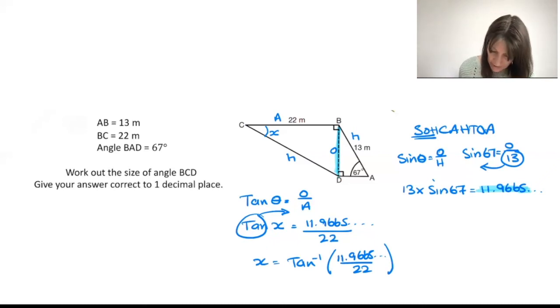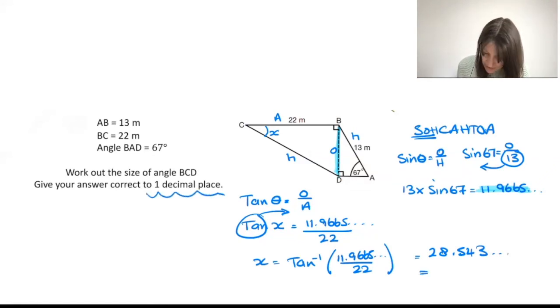Either way, you will eventually get 28.543 coming out. It wants it to 1 decimal place, which is very common with angles. So it's 28.5 degrees. If you got that right, really, really well done, because look at how much work there is there. It's very easy to make a mistake on something like this. So well done if you got it right.